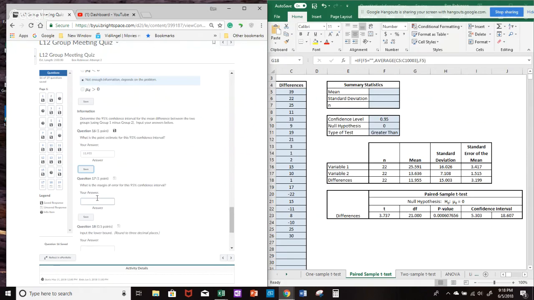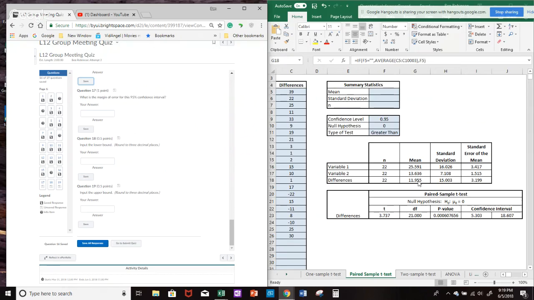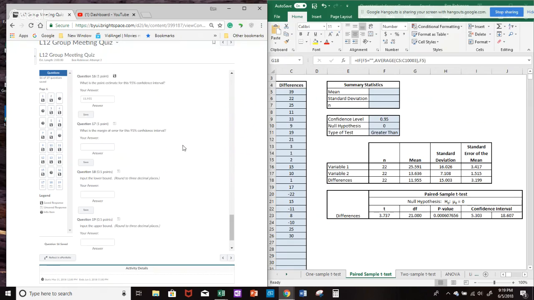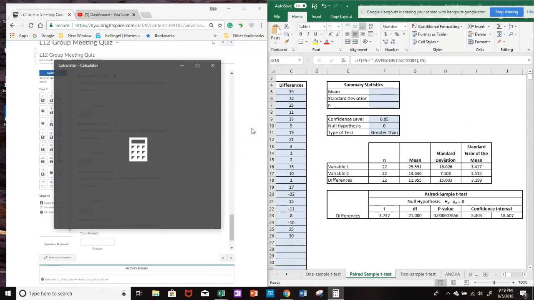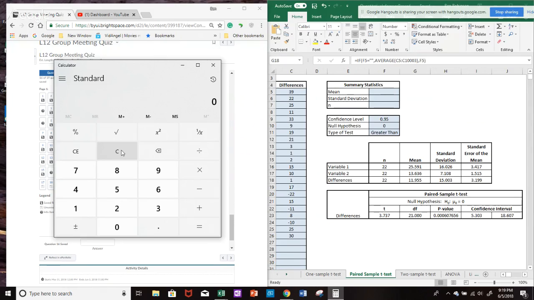So what is the margin of error for the next one? What we're looking for is the confidence level and how much it goes between the confidence level and the mean. You take 18.607 right here, the confidence interval high, minus 5.